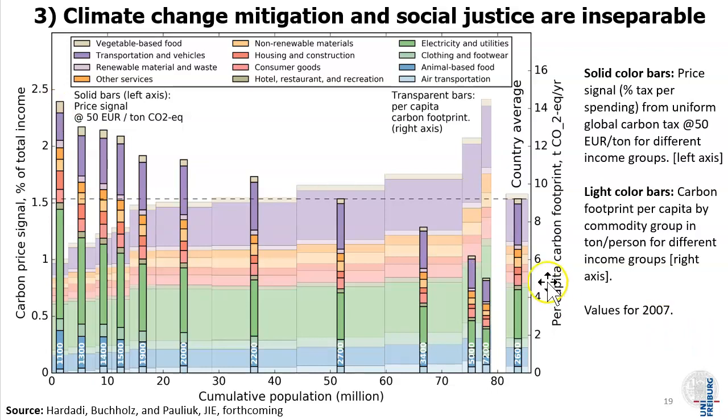And the highest income group, because they simply have more money and on average buy less carbon intensive products, would spend less than 1% of their money on the carbon tax. And this is what we call regression, right? As people get richer, the relative tax load gets smaller. This is a consequence of the fact that the basic needs, electricity, food, and transport, are the ones that are also carbon intensive.